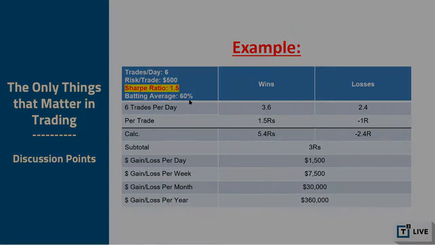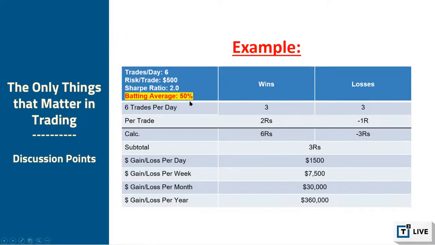Batting average, even worse. It drops by 10%. Okay, it's not 10% because it goes from 60 to 50. So that's 10 divided by 60, that's 16% actually. But you end up with the same bottom line, $360,000.